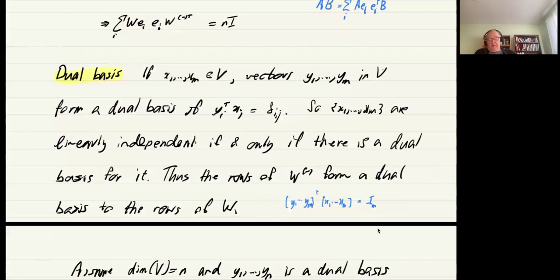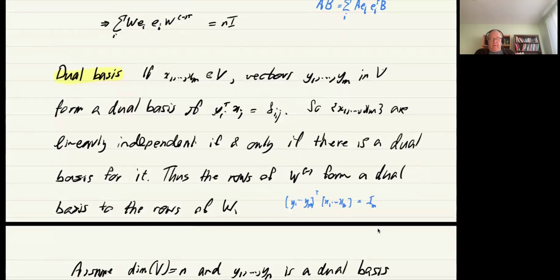So if you want to say it in a high-flown way, you can say that these vectors have a dual basis if and only if this matrix x1 through xm has a left inverse. But let's not worry too much about that. So there's just ways of looking at it.